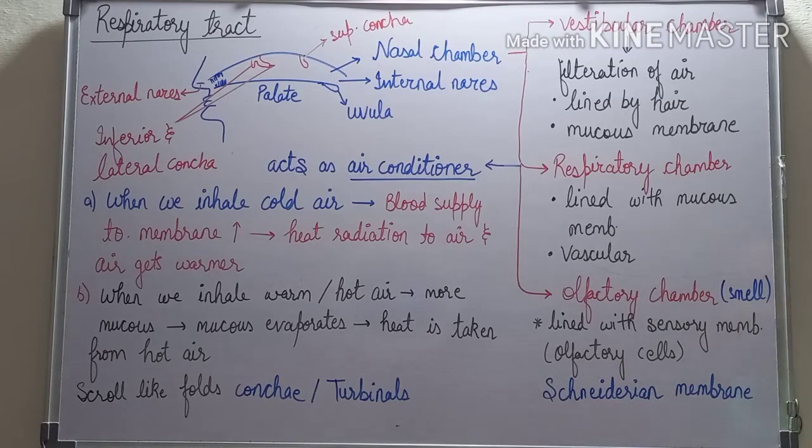This is my main concern. So this olfactory chamber has a lining of sensory membrane, and that membrane is basically made up of olfactory cells, and the cells help us in smelling out anything.